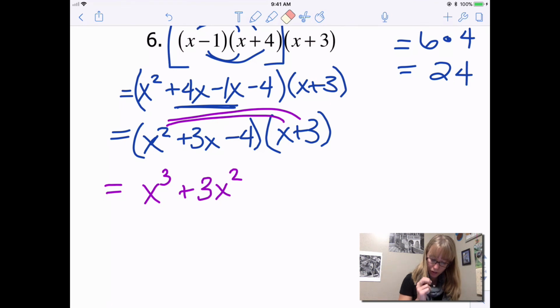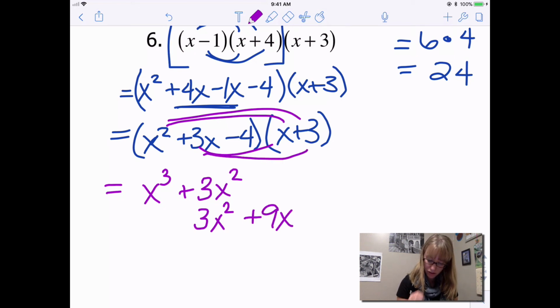If I keep going, my 3x times x is 3x squared, so I'm going to line it right up under the x squared. 3x times 3 is 9x. And then I still have one more piece. I've got that negative 4. So negative 4 times x is negative 4x. Again, I'm going to line it up right under the x. And then negative 4 times 3 is negative 12.